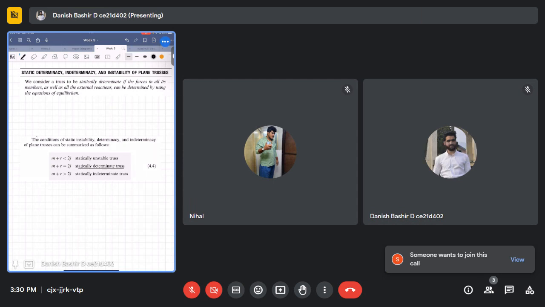So our basic formula is M equal to 2J minus 3. It is the stability equation.